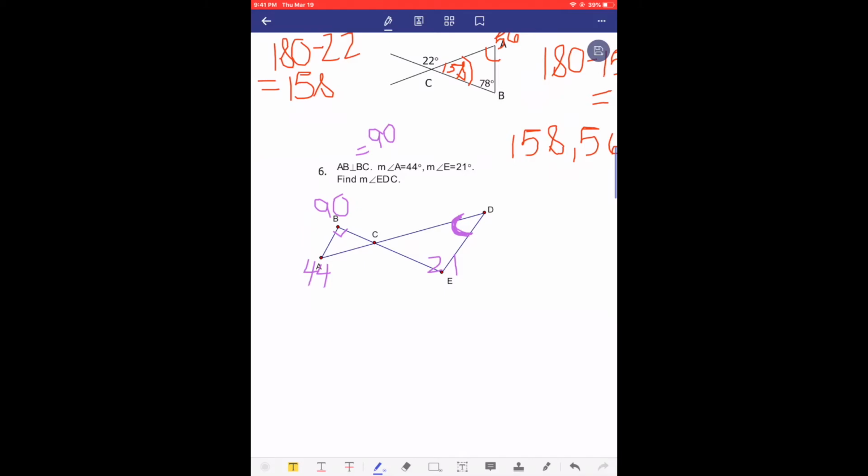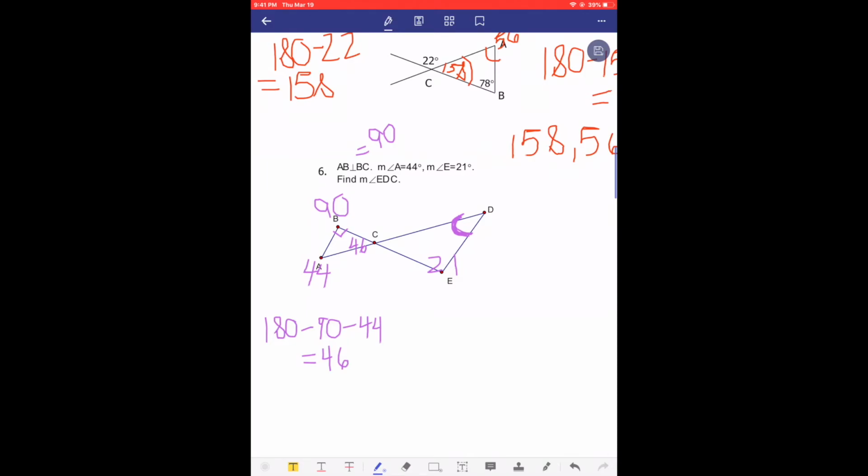I know the triangle on the left has angles of 90 and 44. So to find the angle in the middle, I would do 180 minus 90 minus 44. And when you do that, you're going to get 46. So this inside angle is 46.